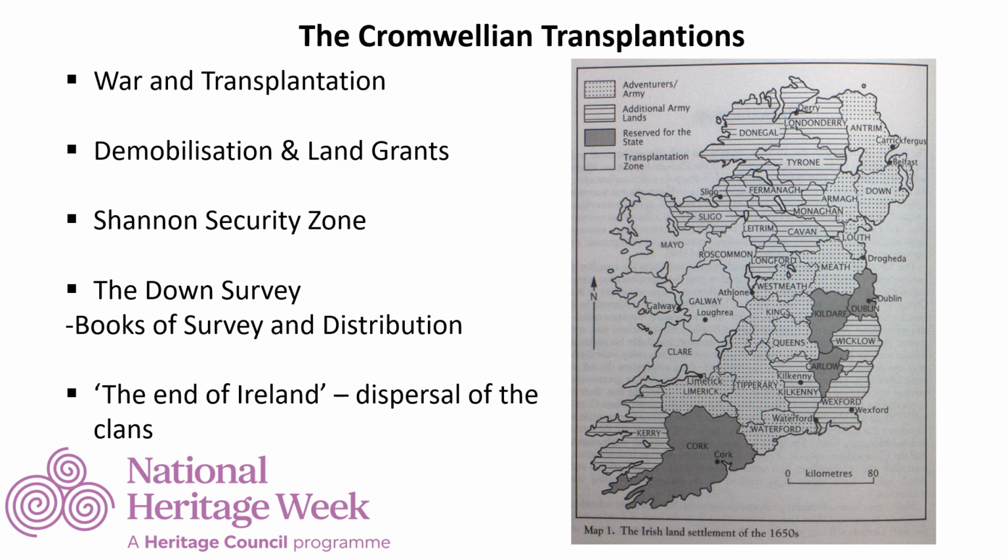Obviously this was a complex scheme to execute, and it took quite a lot of planning. One of the aspects of the transplantation that particularly affected East Galway and South Roscommon was a scheme known as the Shannon Security Zone. So this was a plan to remove all Catholic landowners from a 3-mile zone along the west side of the Shannon.